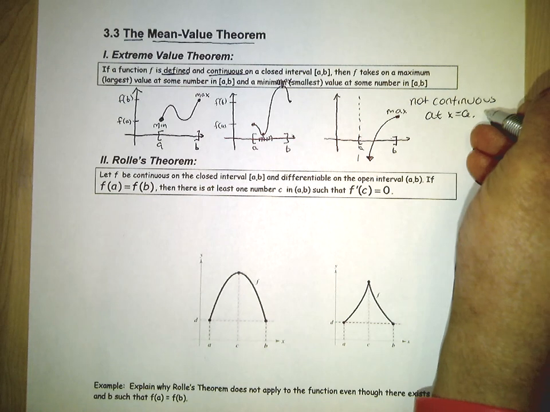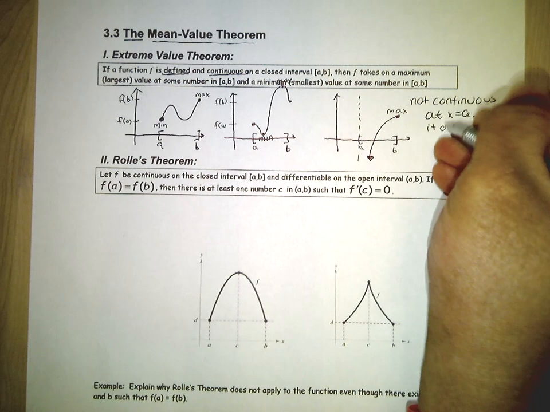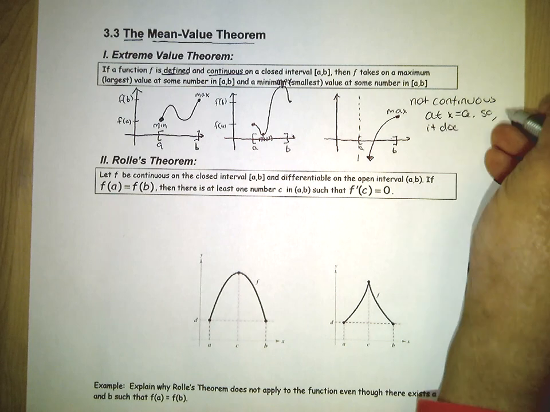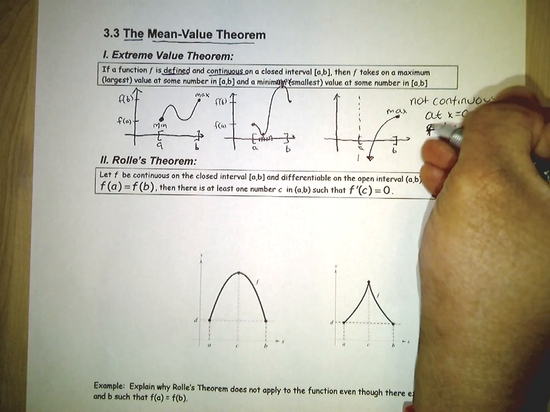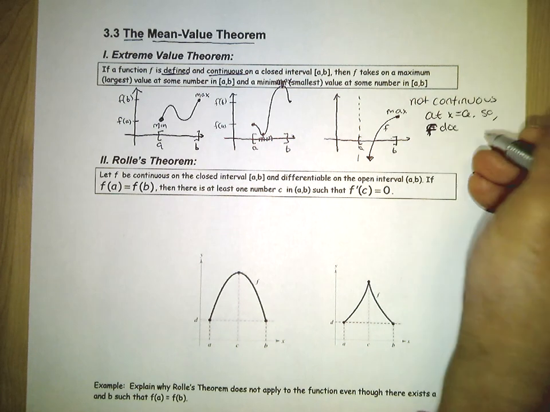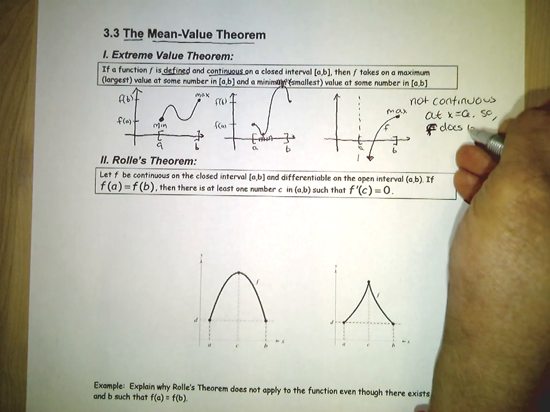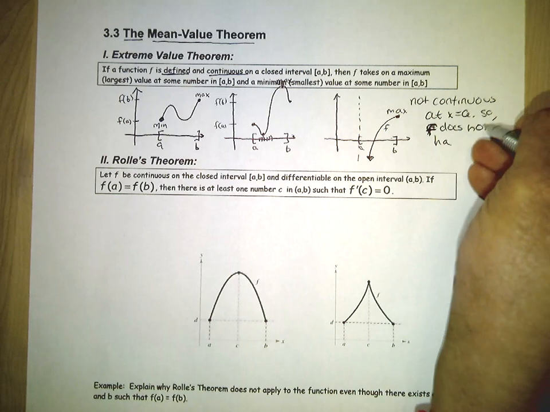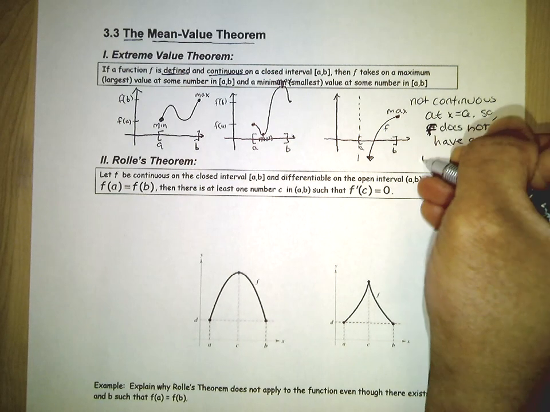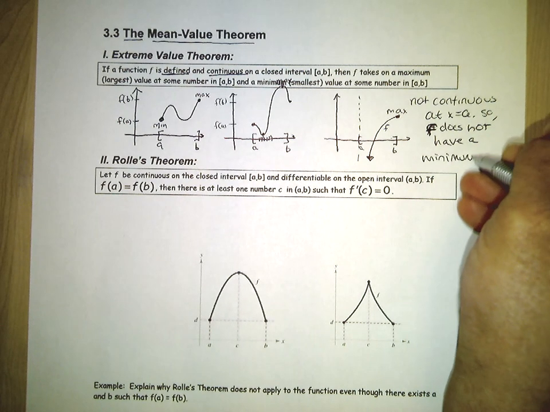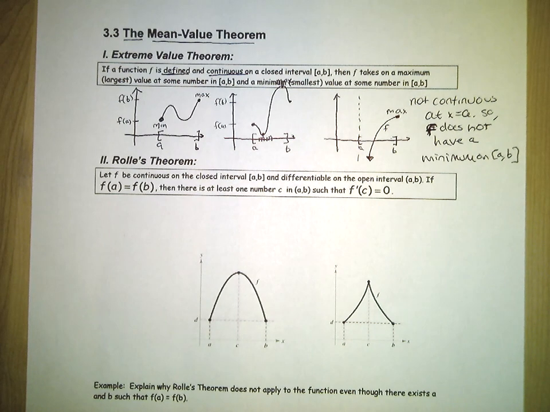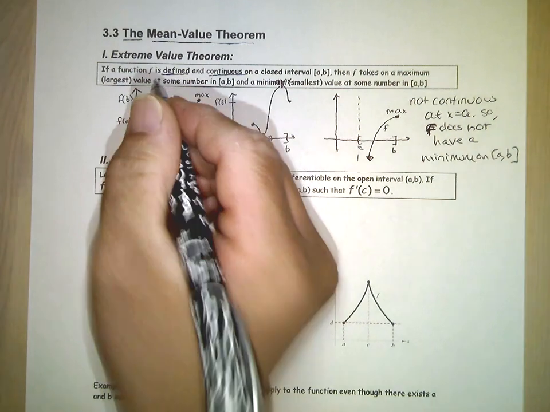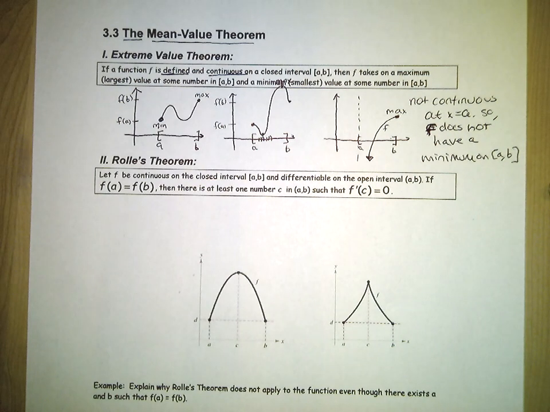So f does not have a minimum on A to B. So there's lots of scenarios that can happen, but just remember that the function f needs to be defined and continuous on that closed interval A to B.